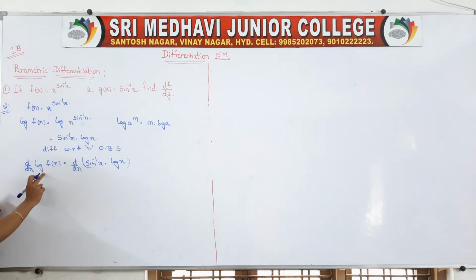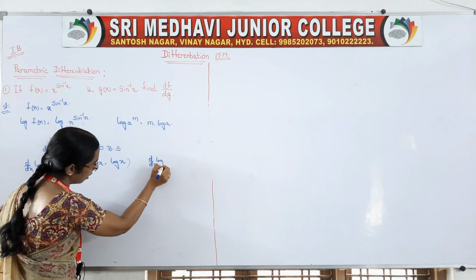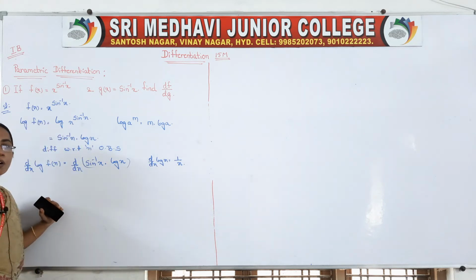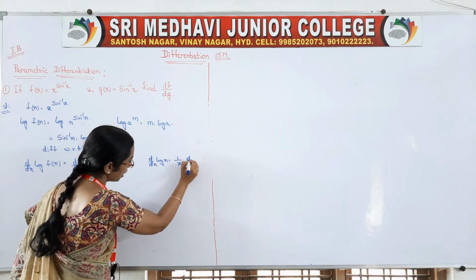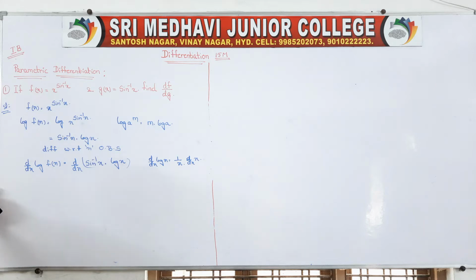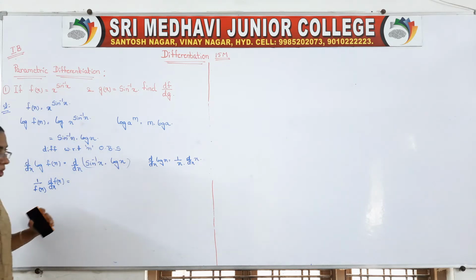So come on, what happens? d by dx of log of any variable is 1 by that variable into d by dx of that variable. So here we can write 1 by f of x into d by dx of f of x, okay, is equal to, now this is product form, u into v form.